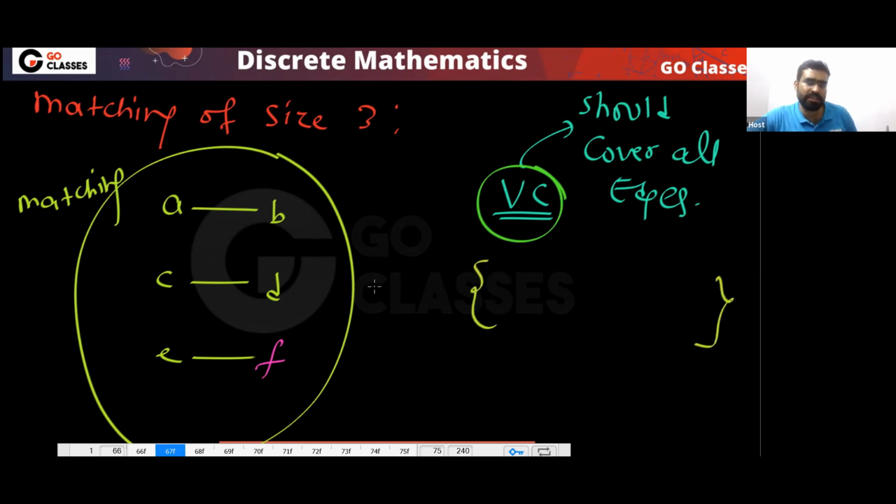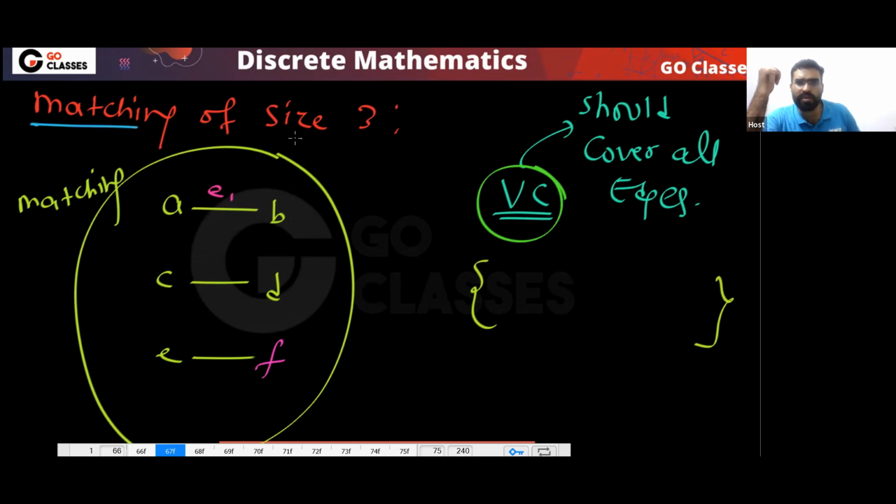To cover this edge E1, who has the capacity to cover E1? Remember, there can be other edges and other vertices.